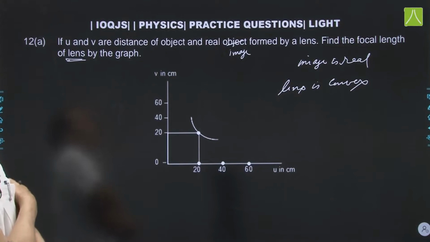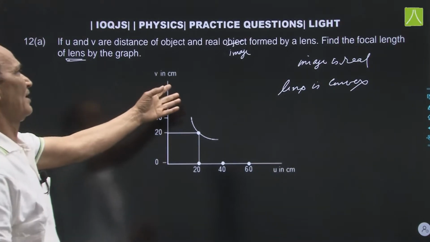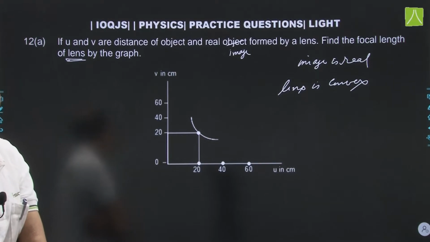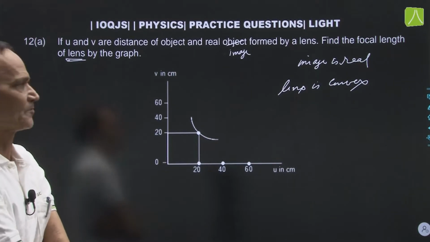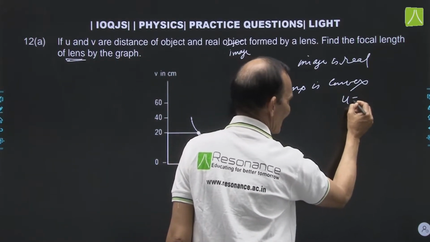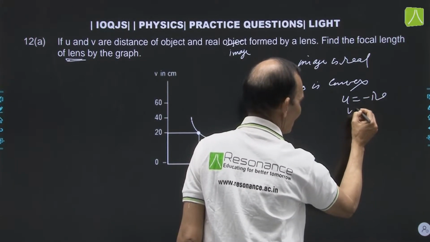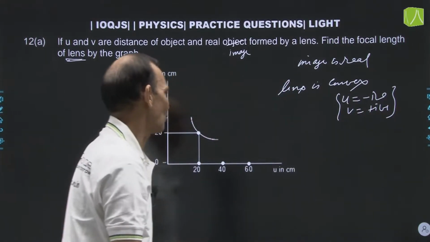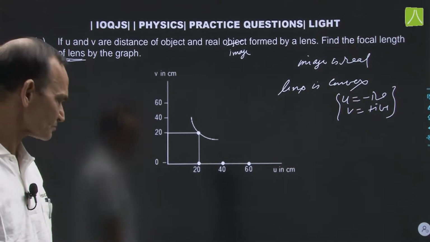And the object is real, only then will a real image form. It means u will be negative and v will be positive. For a real image, u must be negative and v must be positive. It is most important.